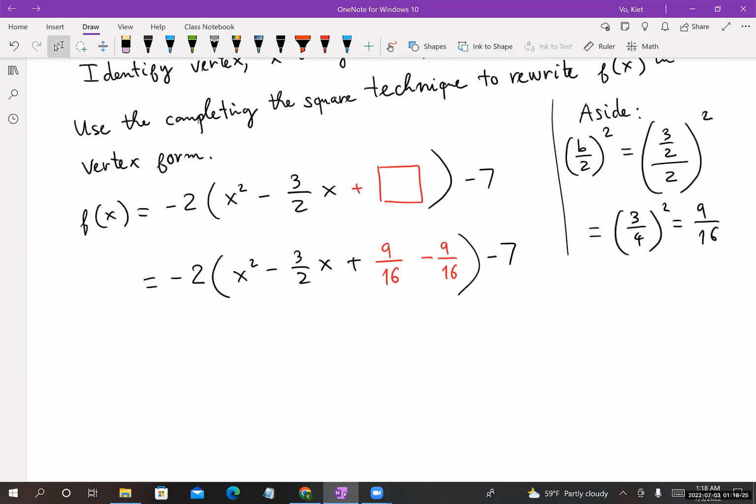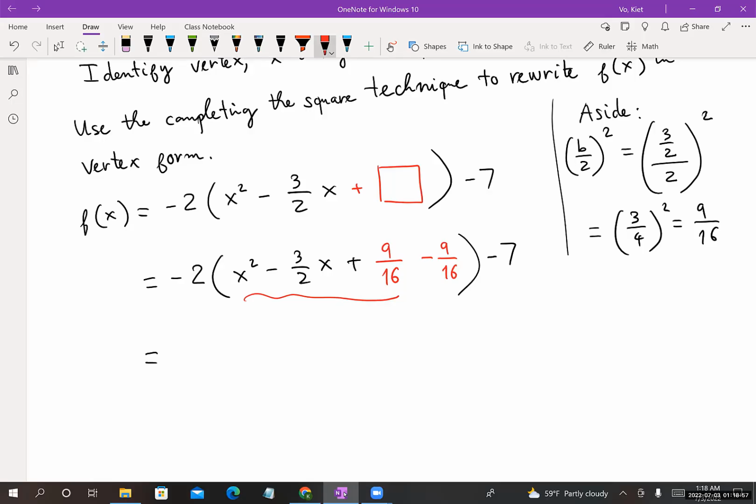Okay, so now what? These 3 terms here are a perfect square trinomial, because when we complete the square, that gives us a perfect square trinomial. Now I need to bring the -9/16 outside of the parentheses, and I have to make sure that I multiply it by -2, because the -2 gets multiplied to every term inside the parentheses.